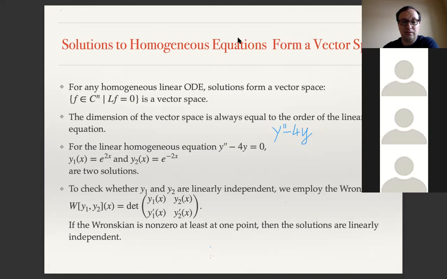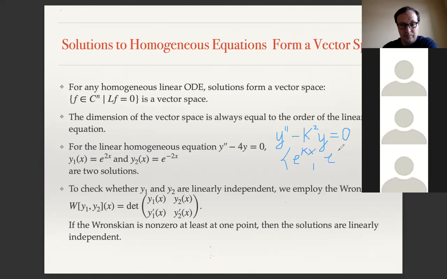If you have an equation of the form y double prime minus k squared y is equal to 0, then the solutions will be some combination of e to the kx and e to the minus kx. So let me write it like this, e to the kx and e to the negative kx.